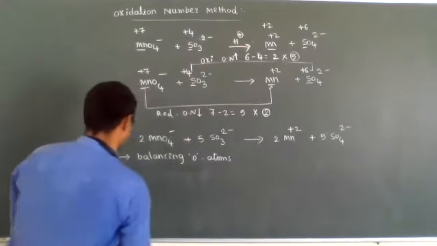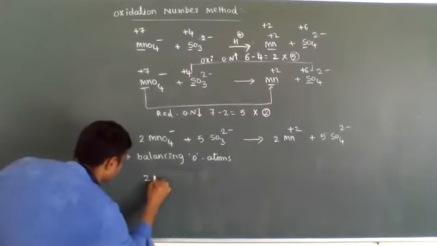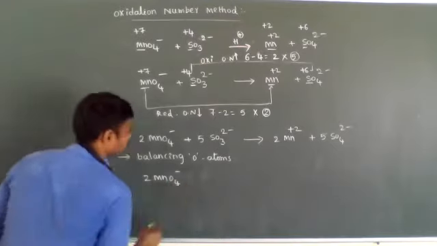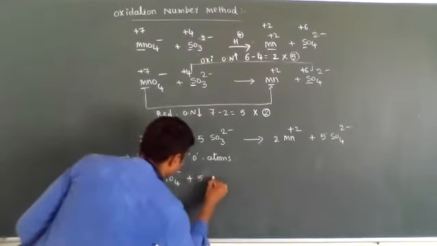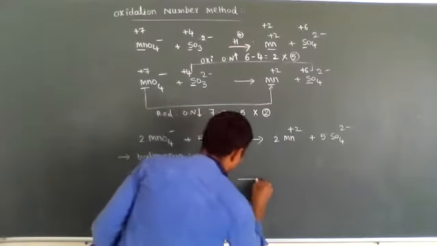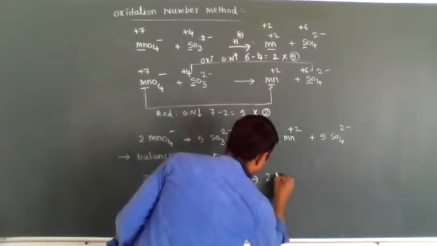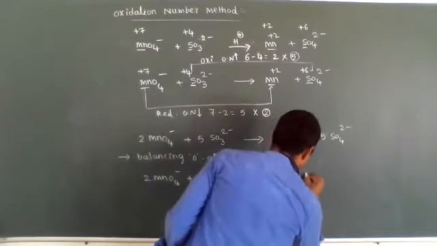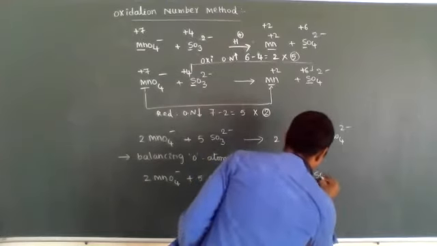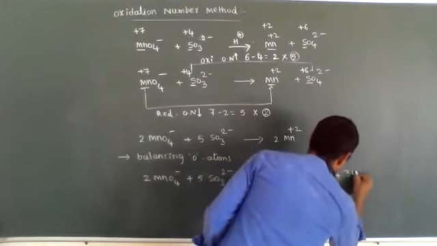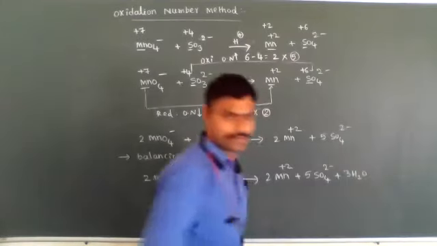Let's see, write the equation. 2 MnO4 minus plus 5 SO3 2 minus is converted into 2 Mn 2 plus plus 5 SO4 2 minus plus 3 H2O.